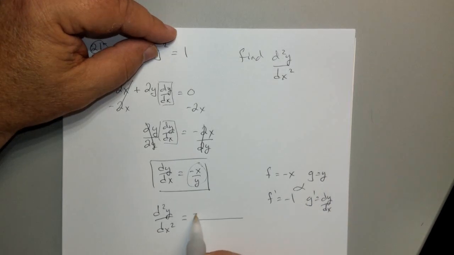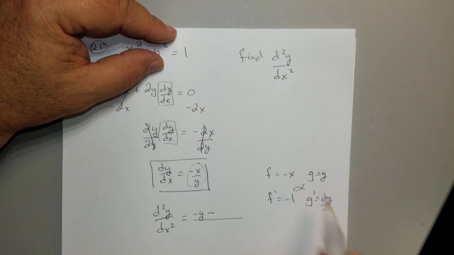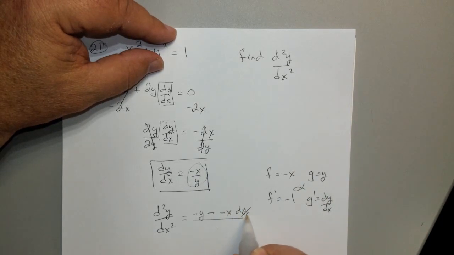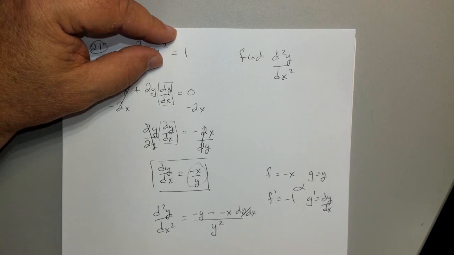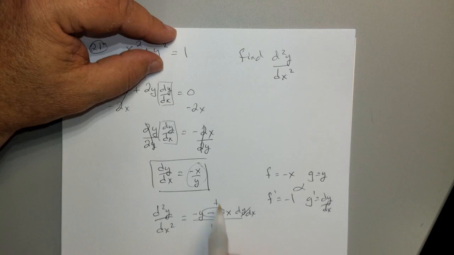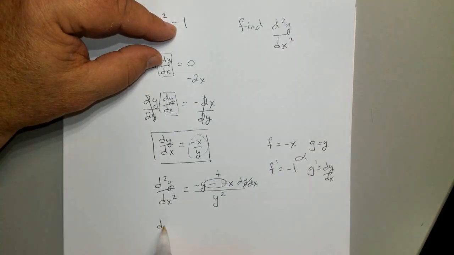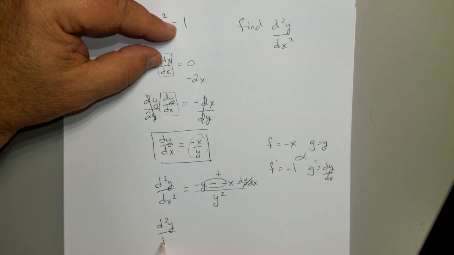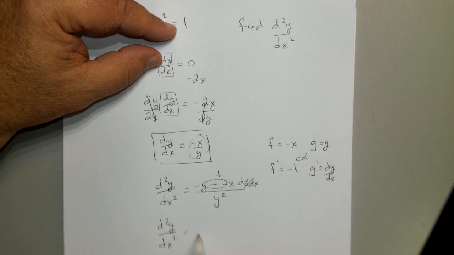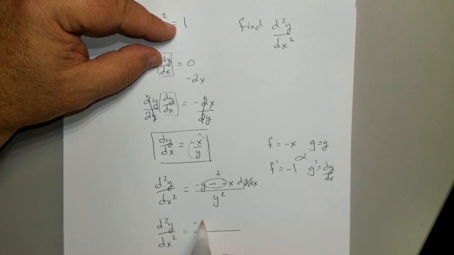Y times negative 1 is negative y minus negative x times dy dx all over y squared. So that becomes plus. It's negative y plus x dy dx over y squared.